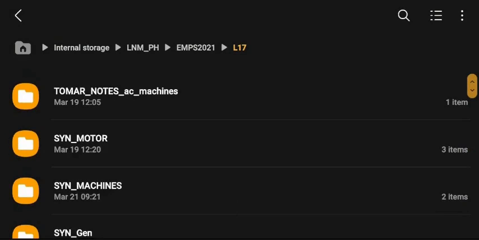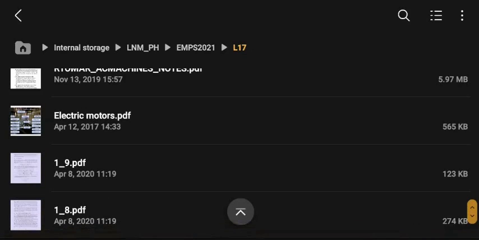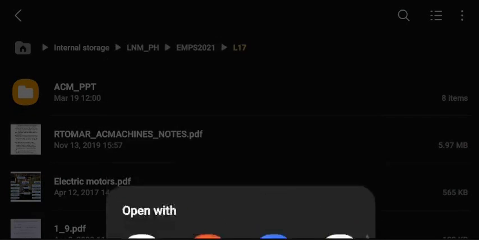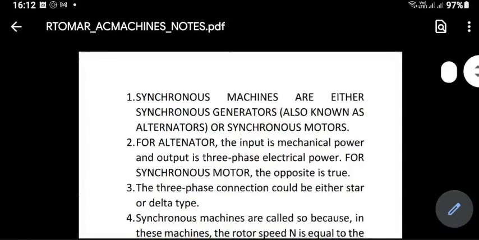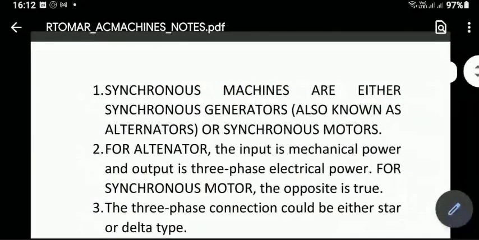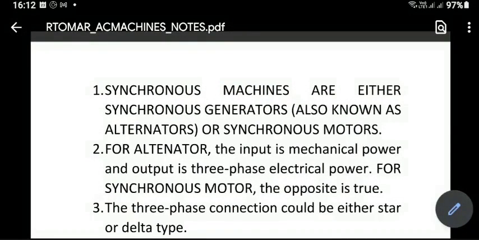Now, AC machines. A lot of things are written in this document, summarized from various sources, and you may not be able to relate to everything right away, but at least let's go through these bullet points.